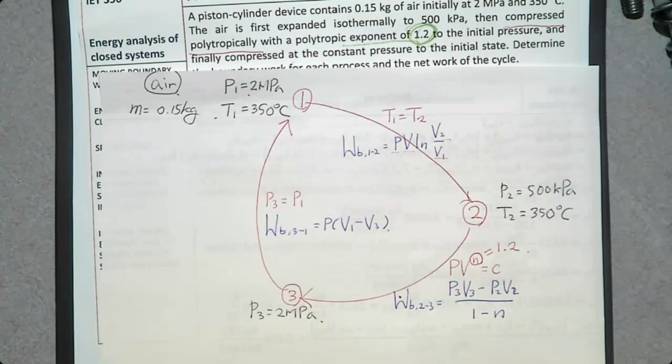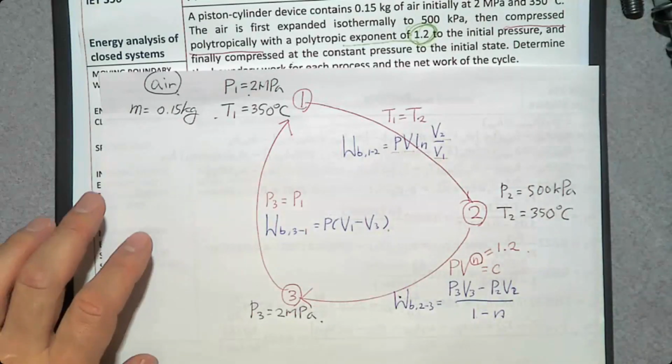What was the equation that you used in exam 1? Yeah, you can use it, but what is it called? Ideal gas equation. So we can use ideal gas equation.